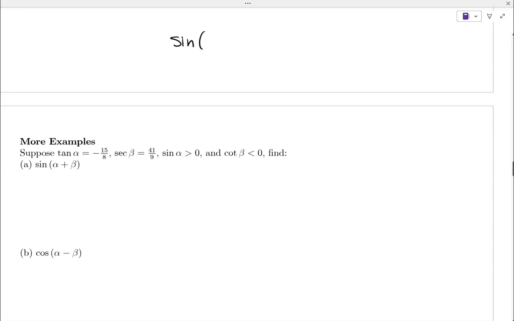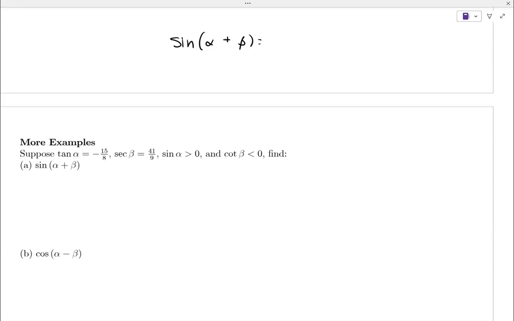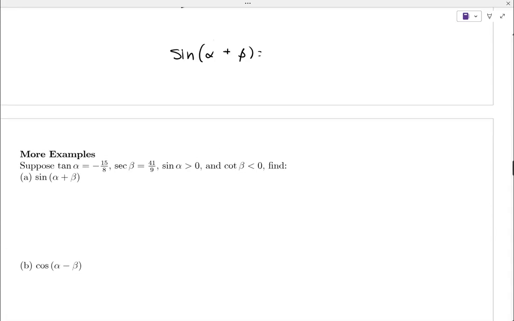If you have sine of alpha plus beta, how can you rewrite that? Sine alpha cosine beta. Yep. Plus sine beta cosine alpha. Good.